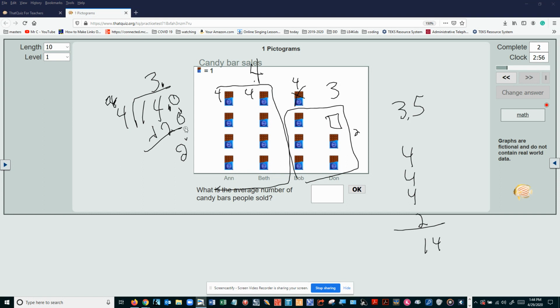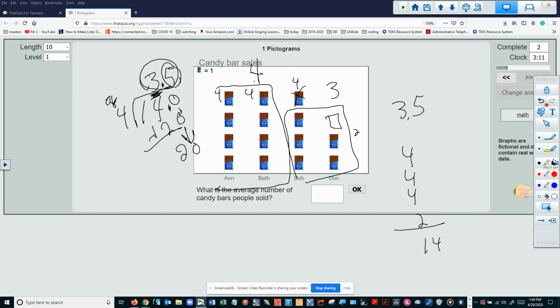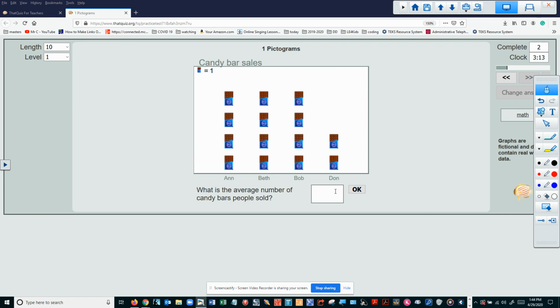We got that 0 bringing it down. 4 going to 20 5 times. If it's 5 or more, we're going to round up. It becomes 4. So this answer is actually going to be 4. Hopefully you guys have an idea of how to do that.